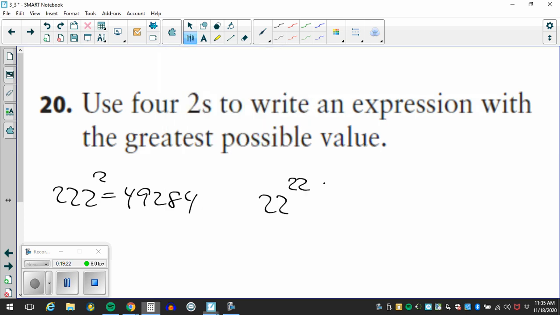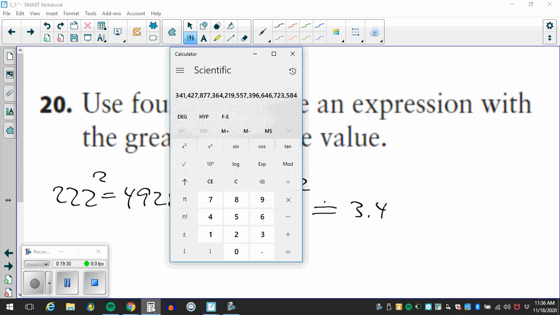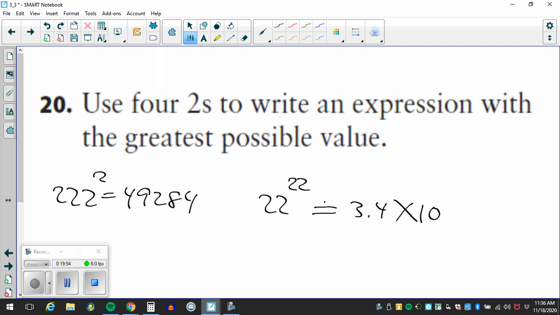I'm going to say it's approximately 3.4 times 10 to the power of 29. So when I get that, I get a number with 29 zeros.